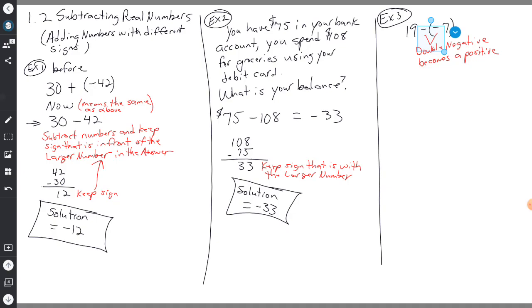It's only when we have parentheses or other types of brackets that we can use this rule. When it's dealing with absolute value, you have to take the absolute value first, and then whatever negative is in front of it will drop down with it. So that's the difference here.